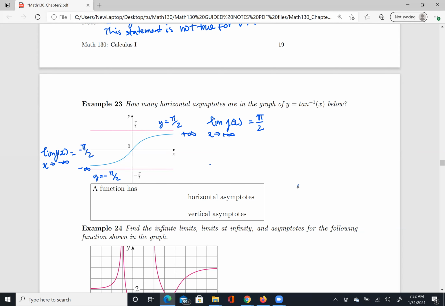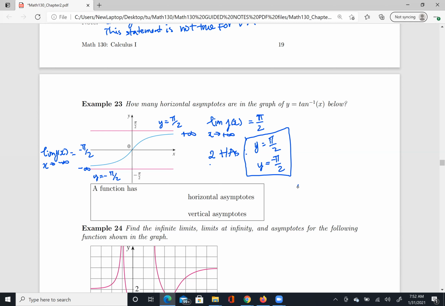So from the definition of the horizontal asymptote, we're going to say there are two horizontal asymptotes, which are y equal to pi over 2 and y equal to negative pi over 2.